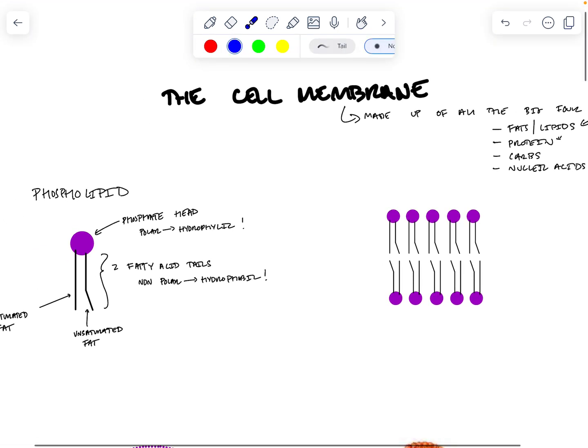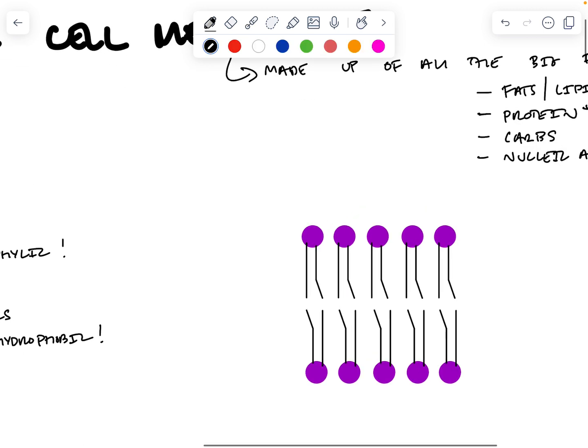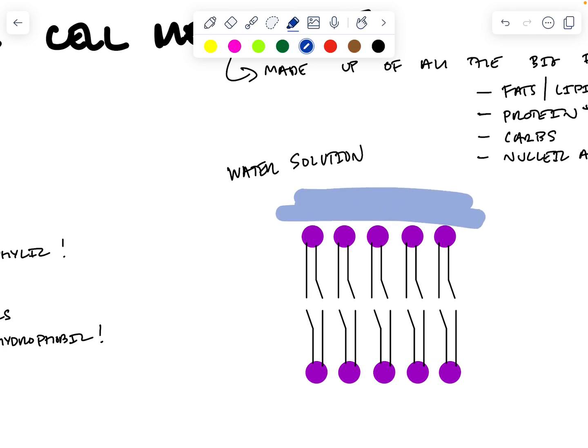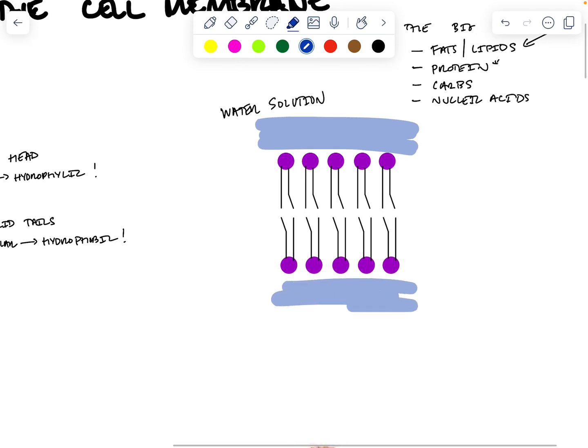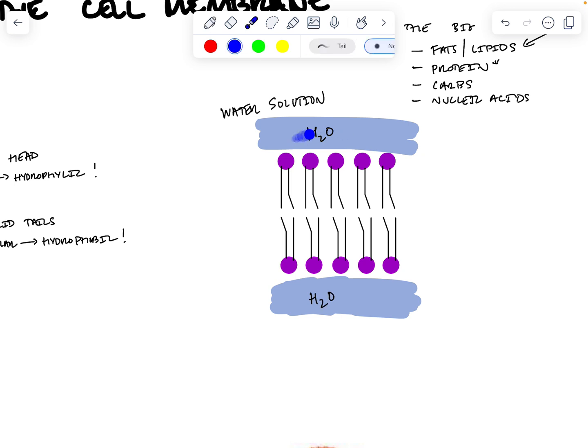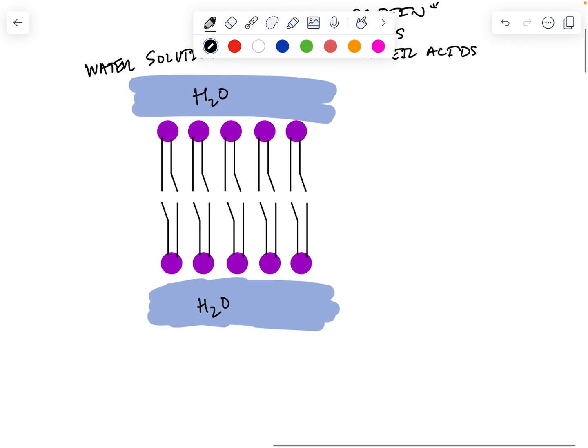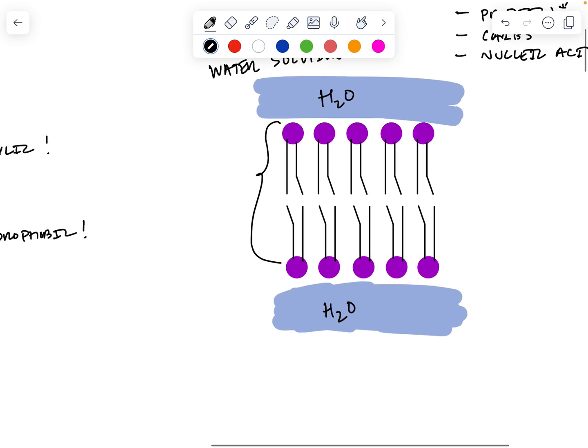So usually this is happening in a watery solution. So there's going to be water on this side and also water on this side. So when you mix a bunch of phospholipids up together with water, they spontaneously form a bilayer. So a layer of two.